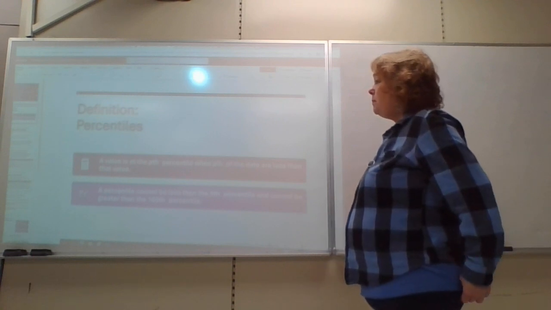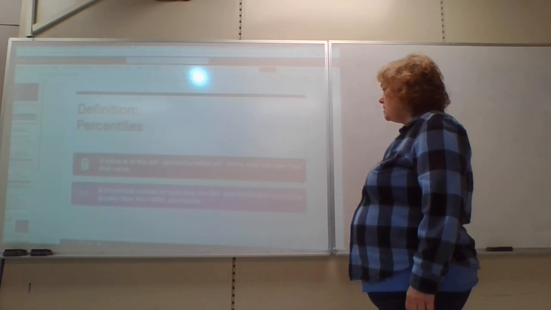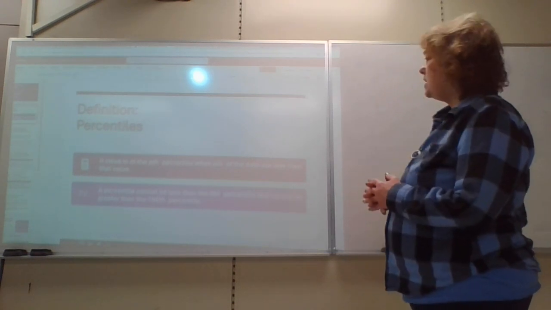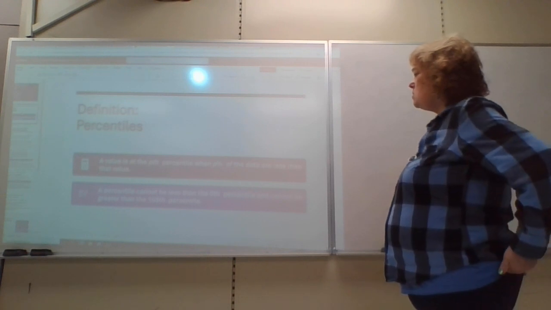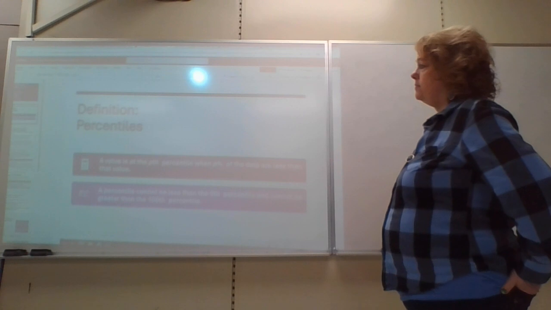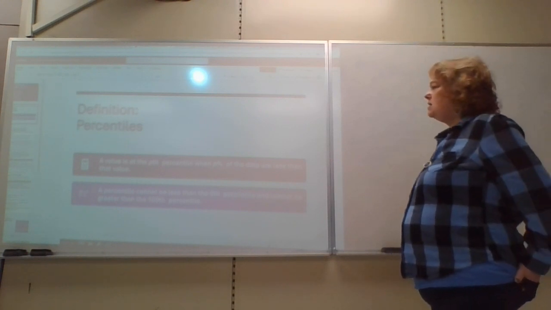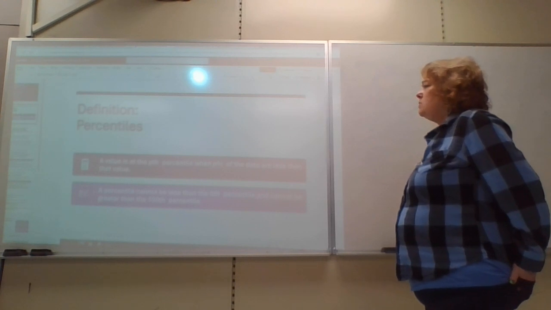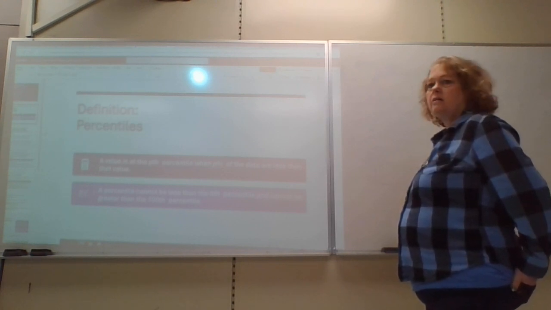A value in the pth percentile is a value where p% of the data are less than that value. So a percentile cannot be less than the 0 percentile and cannot be greater than the 100 percentile. The p percentile is talking about p% of the data.